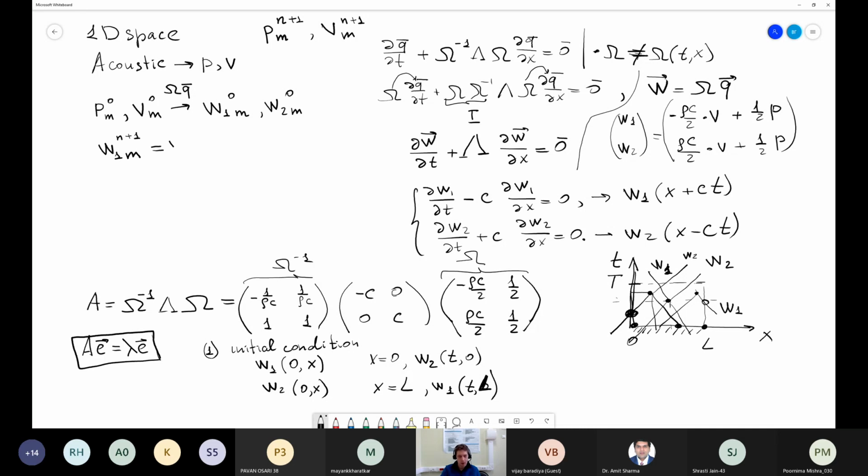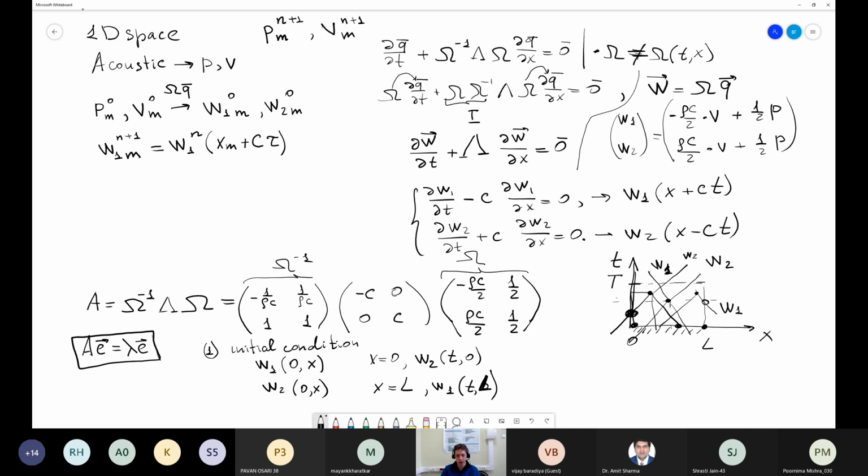is equal to the value of the same invariant at the previous time moment, but at the other point, xm plus c tau, where tau is the time step. So we know the values of W1 on the mesh, on the grid.